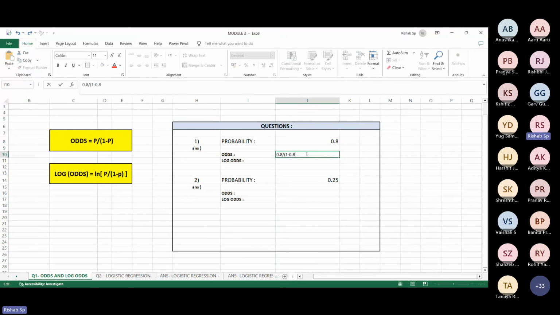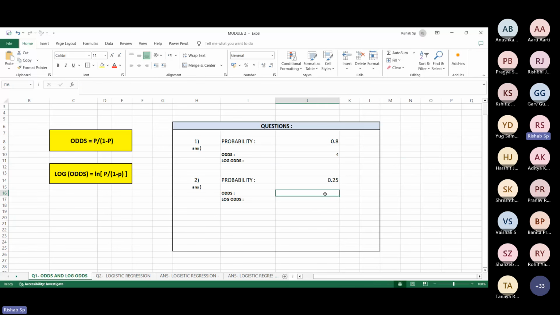We'll get the answer as 4. So 4 is the odds for the probability 0.8. Done.